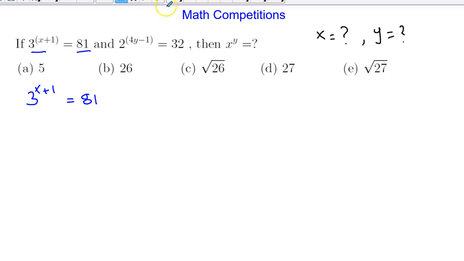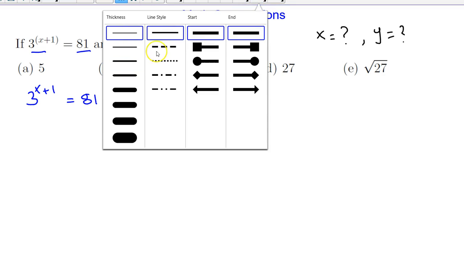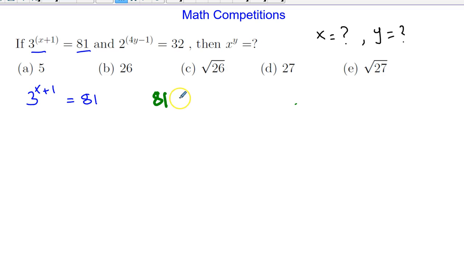But the good thing is this 81 can be written in terms of 3. 3 times 3 is 9, 9 times 3 is 27, and 27 times 3 is 81. So 81 can be rewritten as 3 to the power of 4.